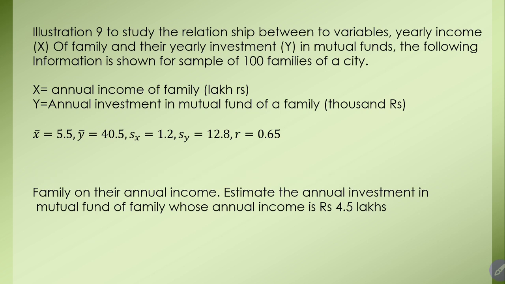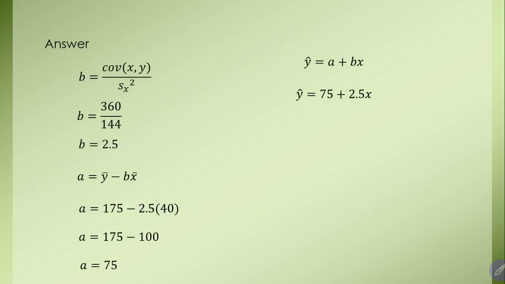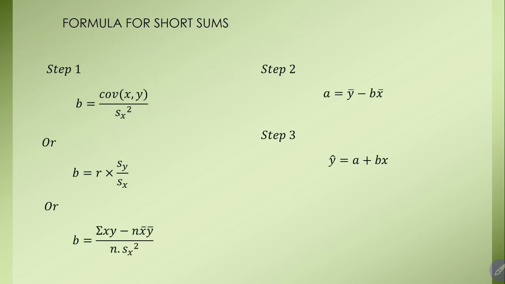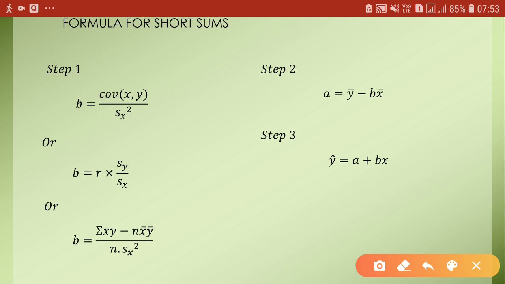What were those formulas? You can see the formulas. The first formula was covariance xy upon sx square. We have done the sums for this formula. The second formula is when correlation is given in the question, that is b is equal to r into sy upon sx.